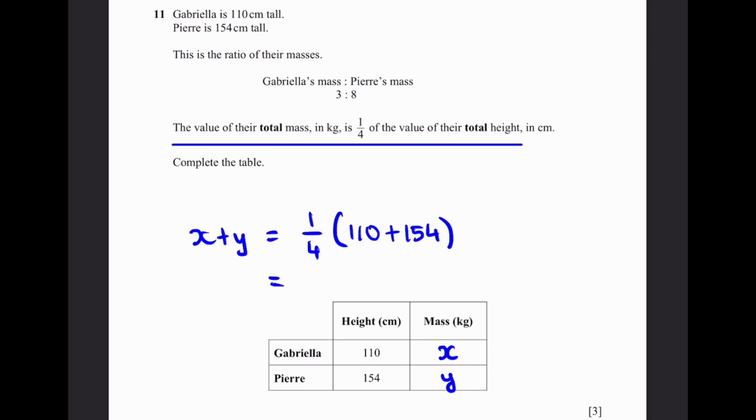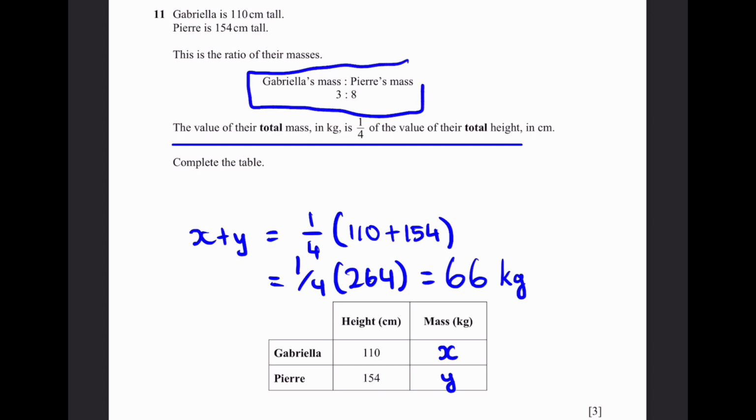That'll be equal to 1 by 4 of 264, which is equal to 66 kg.